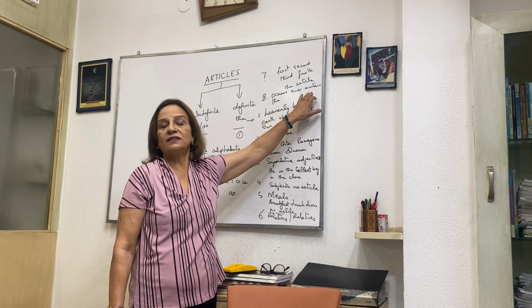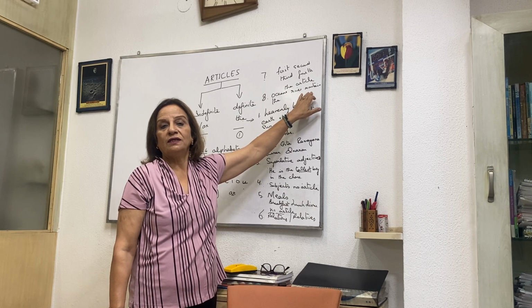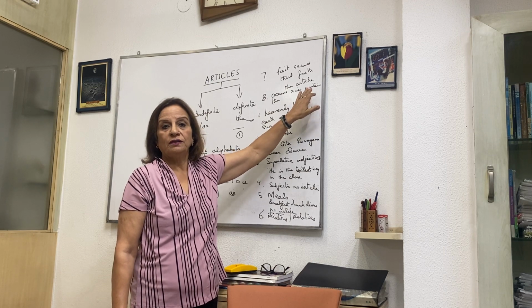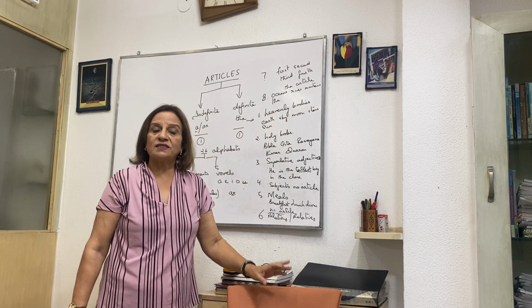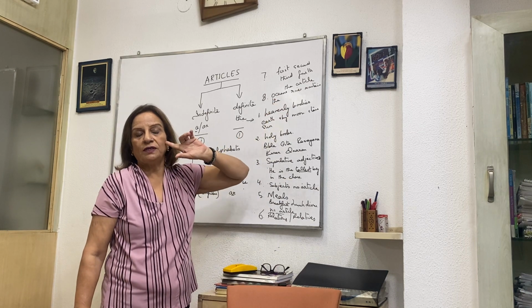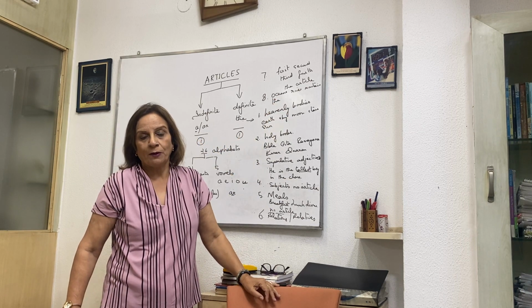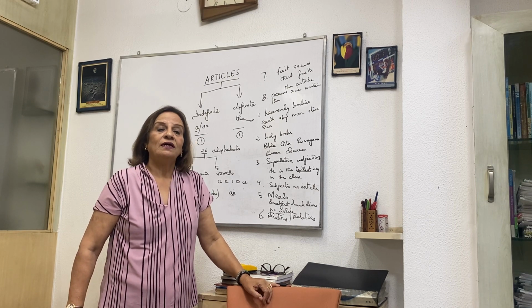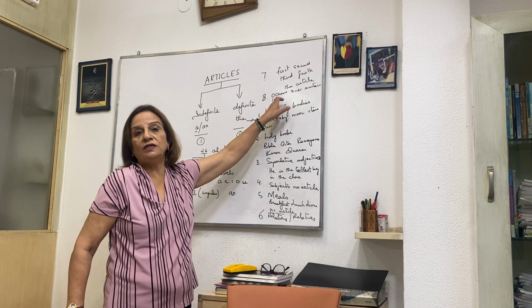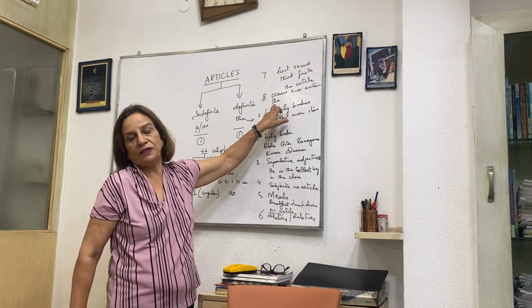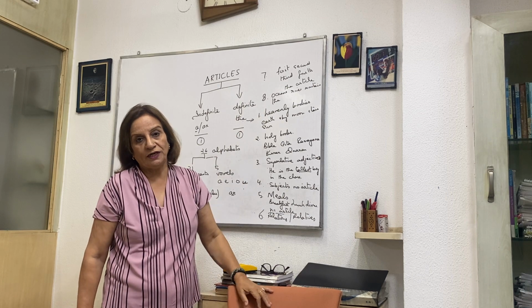The Himalayas, like I told you, Himalayan mountains, the Karakoram Mountains, the Pacific Ocean, the Chilka Lake, the Mississippi Lake. Okay, so with all they are one and only, so we use the. These are all names of mountains, rivers, oceans, lakes, etc. So we use the with these. They are definite, one and only.